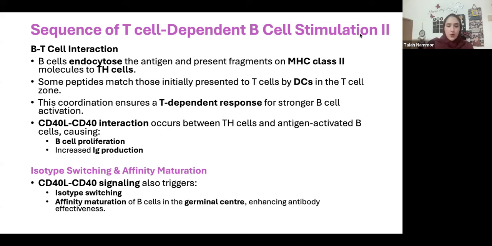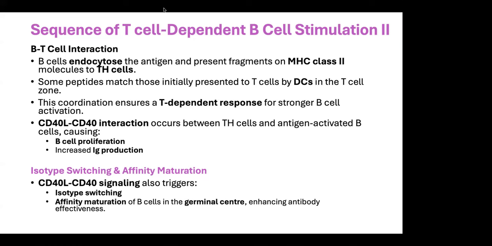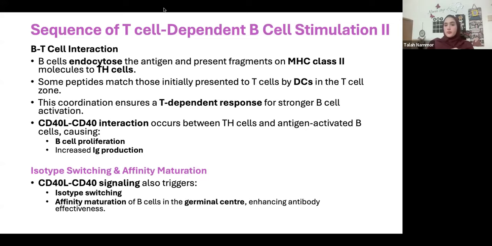Okay. So CD40L and CD40 is going to trigger isotype switching and affinity maturation of B cells. And when we say isotype switching, does anyone know what isotype switching is? We're trying to make variation in the antibodies so that it becomes more specific. Okay, true.